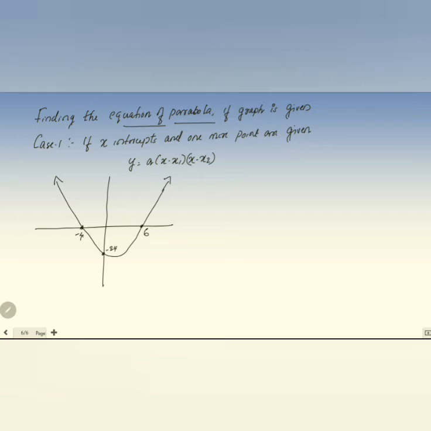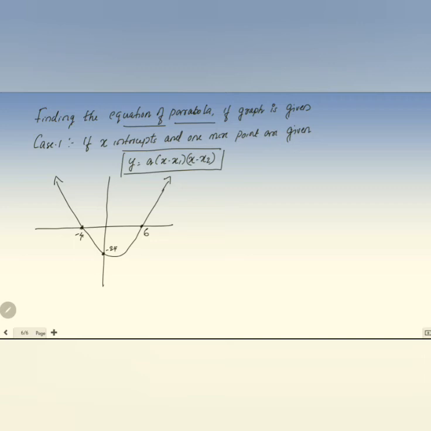So how do you find the equation of this graph? We use the formula y is equal to a times (x minus x1) times (x minus x2), where x1 and x2 are the x-intercepts. Clear. So just substitute first the x-intercepts.